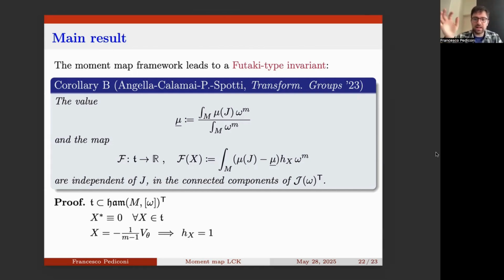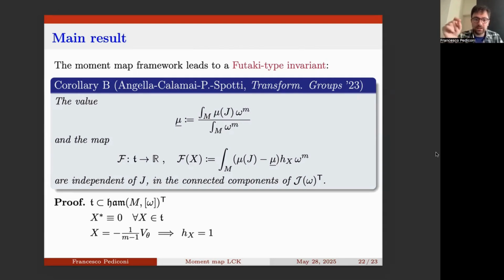And this is just an immediate corollary of the moment map equation, because by assumption the torus lies inside the twisted Hamiltonian vector fields, and since we are working on the space of complex structures that are preserved by the action of this torus, when you lift the action on the infinite dimensional manifold and you consider the infinitesimal fundamental vector field associated to this action, then this is automatically zero.